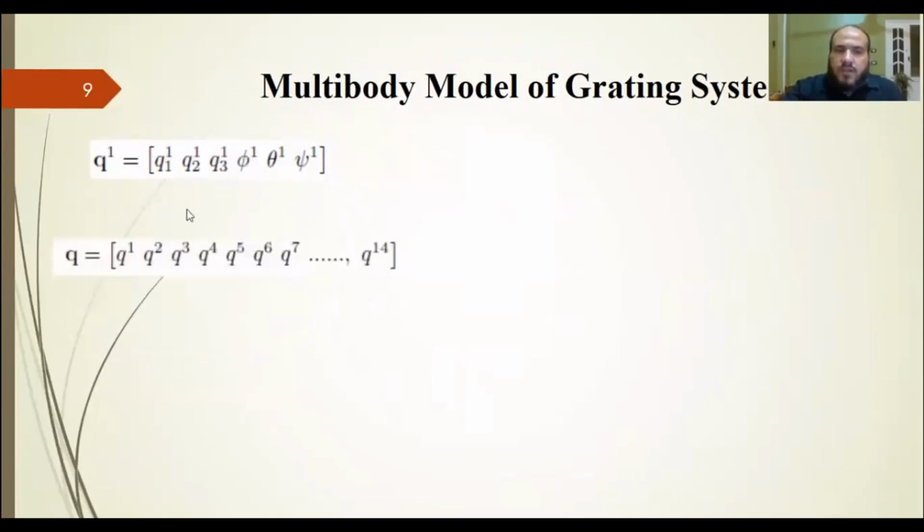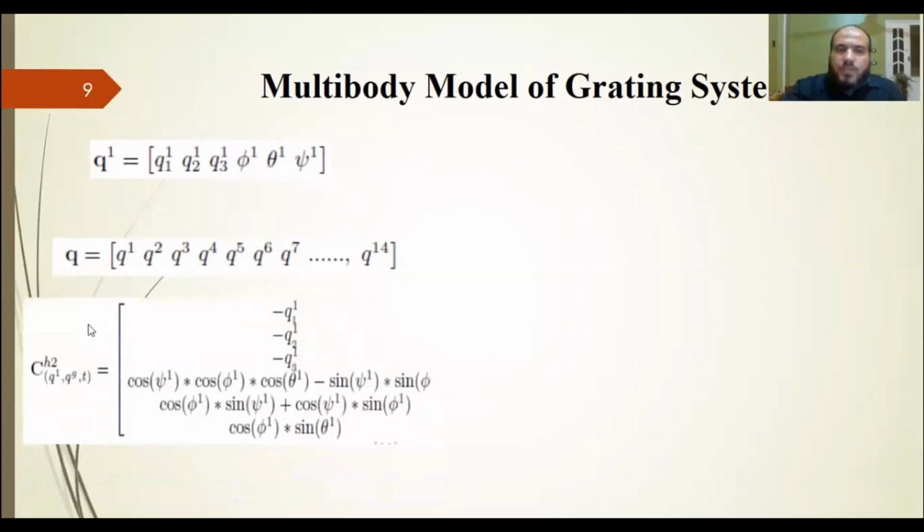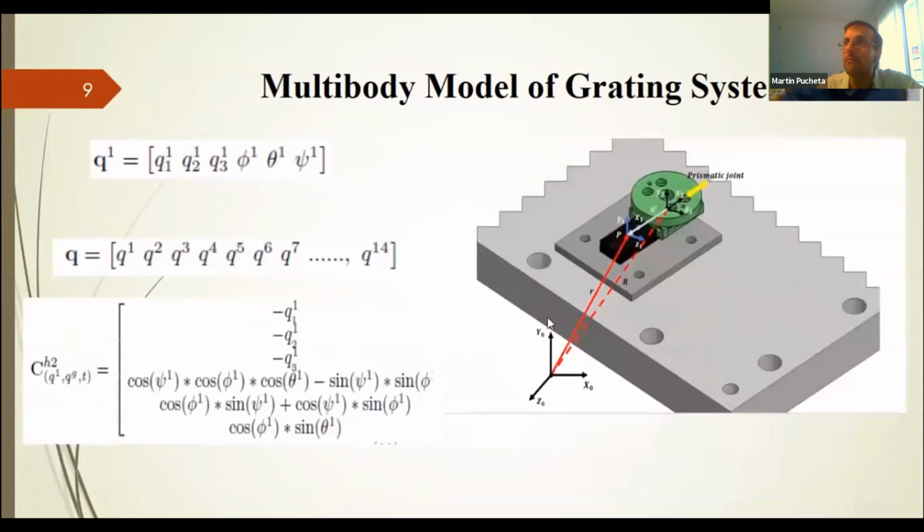We have 14 bodies, so we have more than 100 generalized coordinates, 84 generalized coordinates. The constraint equation of the rigid or fixed joint between the fixed base and the ground can be read as this equation: 3 to constrain the translation and 3 to constrain the rotation.